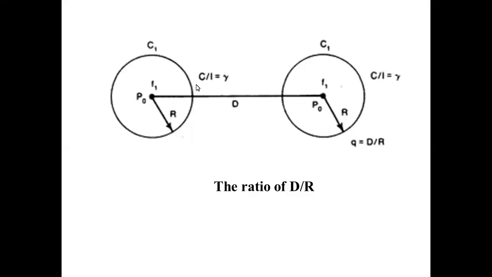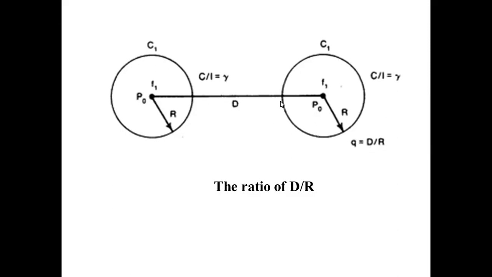So frequency is reused, and the C by I is your carrier to interference ratio, which is equivalent to gamma. The radius of this cell is capital R, and the power related to that cell is P naught. And D is the distance between these two cells.